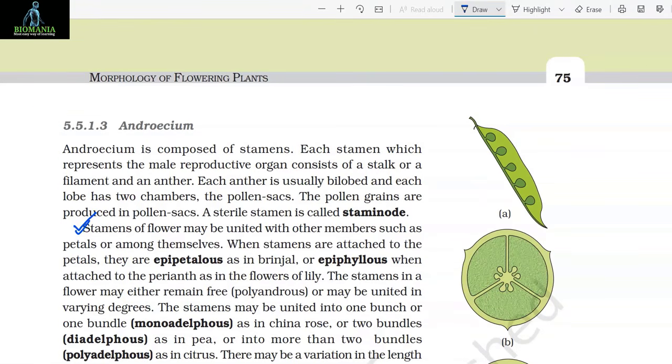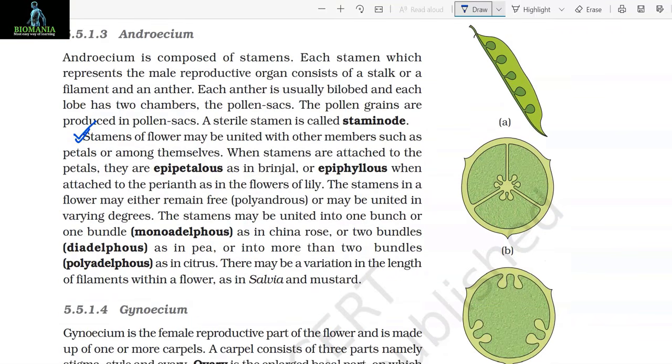Stamens of flower may be united with other members such as petals or among themselves. When stamens are attached to the petal, they are epipetalous, as in brinjal, or epiphyllous when attached to the perianth, as in flowers of lily. The stamens in a flower may either remain free, that is polyandrous condition, or may be united in varying degrees.